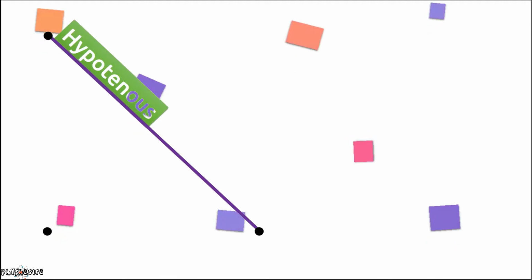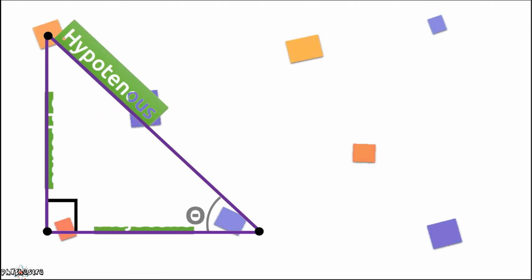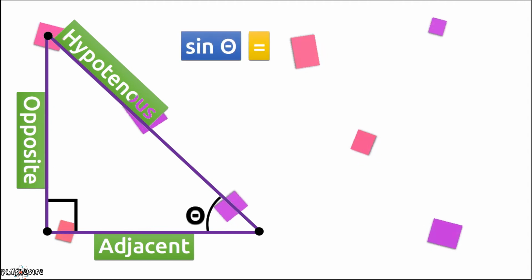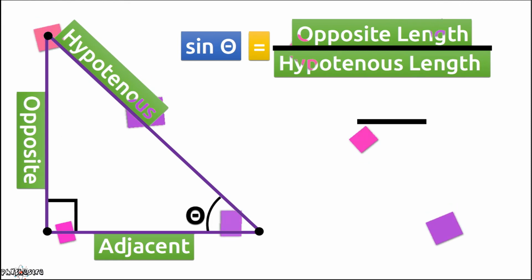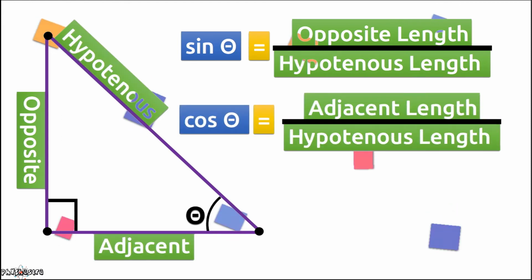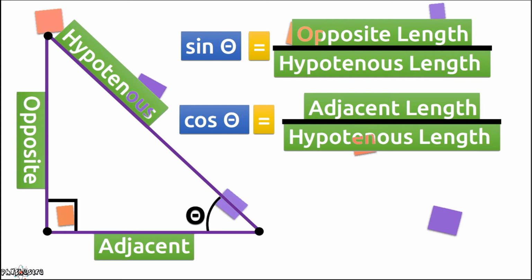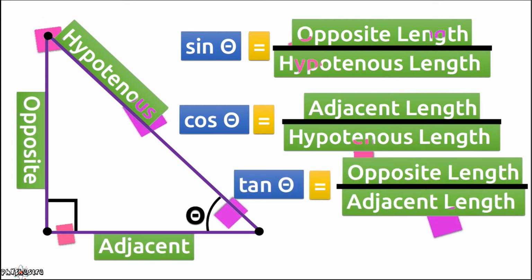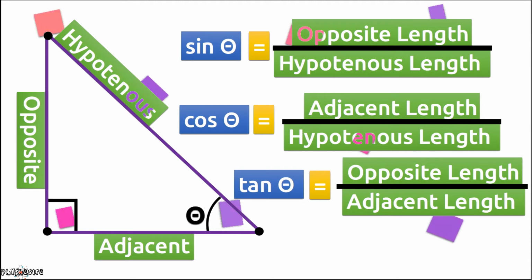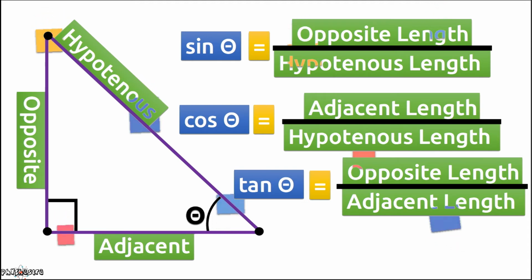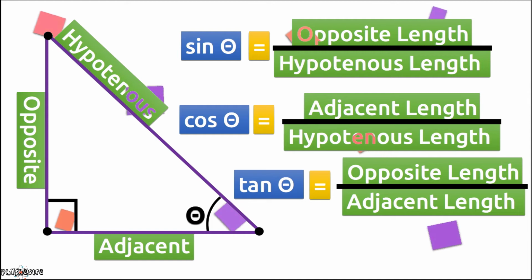For a right triangle with the hypotenuse, adjacent and opposite to an angle theta, sin theta is opposite side length upon hypotenuse length. For cos theta, the adjacent length upon the hypotenuse length. And for tan theta, opposite length upon the adjacent length. So if you know any two lengths in the right angled triangle, then you know the angle theta.